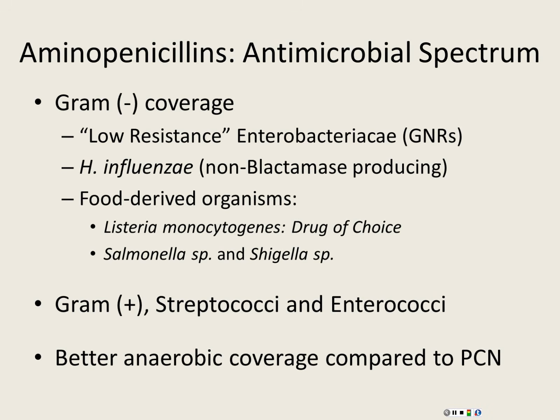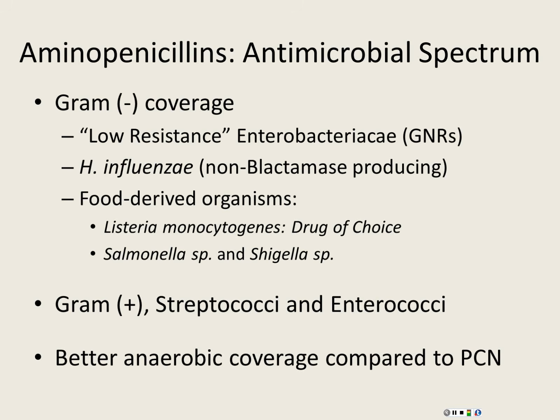Okay, getting into the antimicrobial spectrum, again, of the aminopenicillins. So we have gram-negative coverage for low resistance Enterobacteriaceae. There's also coverage for H-flu, and I would say in today's world that's the non-beta-lactamase producing H-flu. And for some of our food-derived organisms like Listeria, for which the aminopenicillins are a drug of choice.